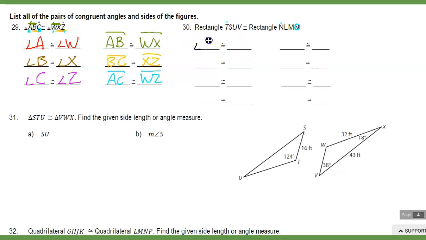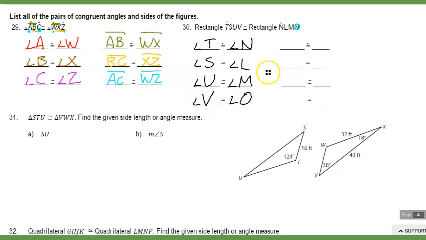So the first are congruent, angle T and N. The second are congruent, angle S and angle L. Angle U and angle M. And angle V and angle O.